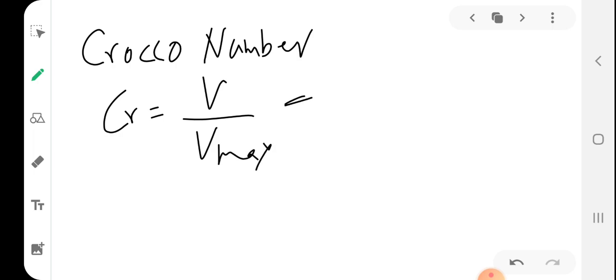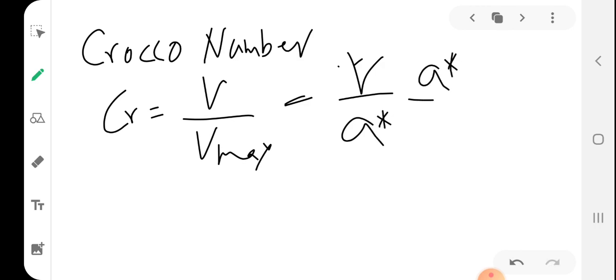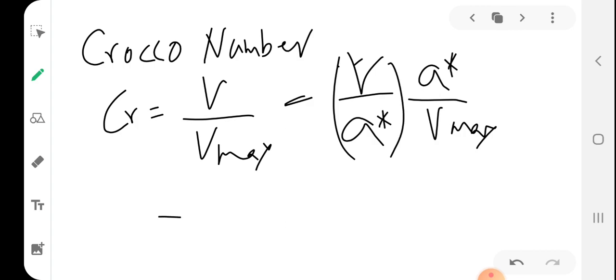So V by Vmax can be written as V by a star into a star by Vmax. V by a star is nothing but the reference Mach number, M star, into a star by Vmax.